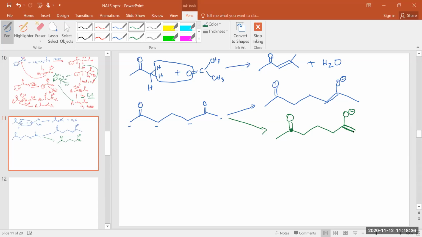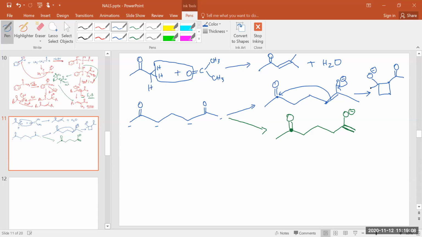So what happens, see if it reacts here, this and this will come here, what will it form? You see, this will make a bond with this. So what will be the ring size? 1, 2, 3, 4. So you will get like this, O minus, here you have a methyl, and here O, see this 4-membered ring.